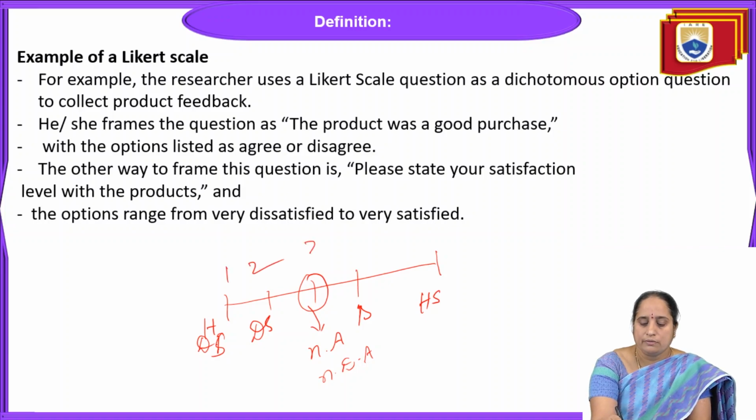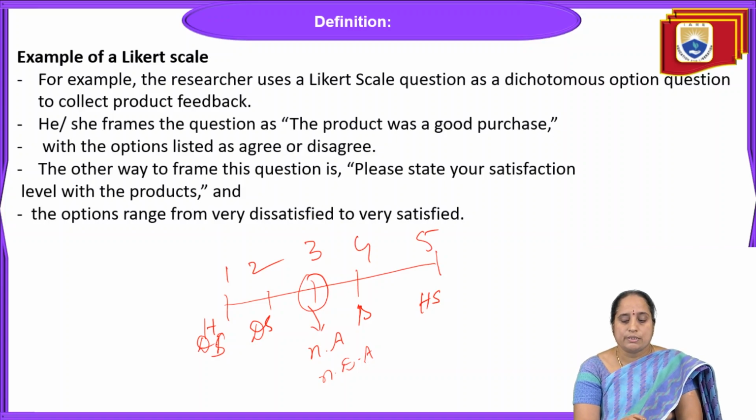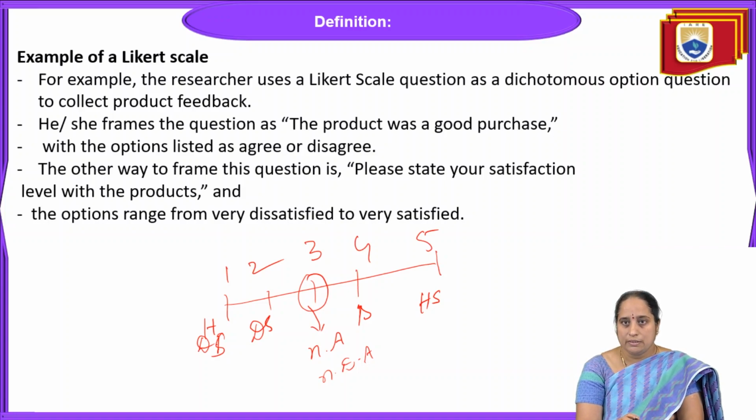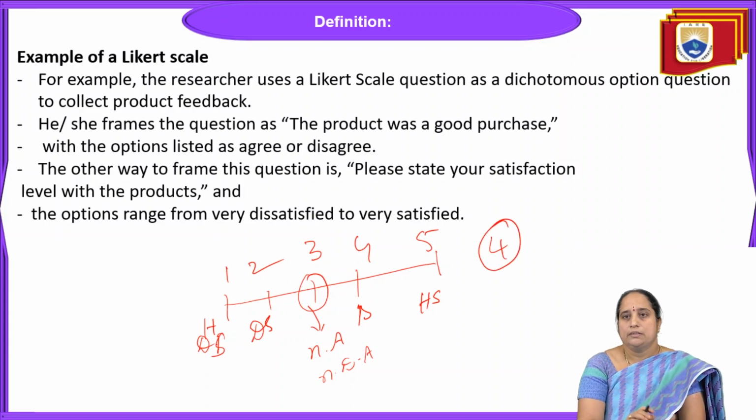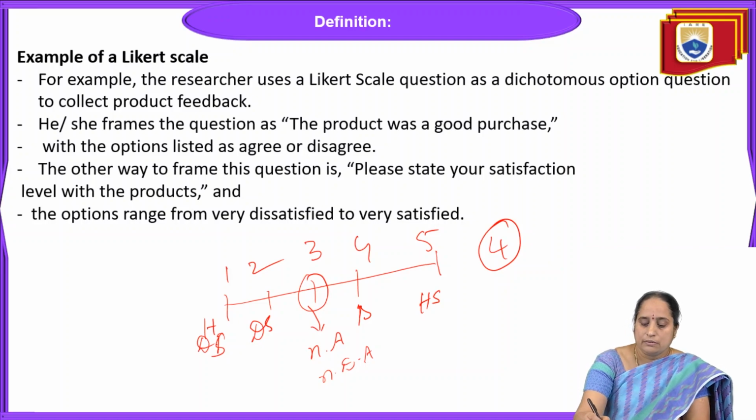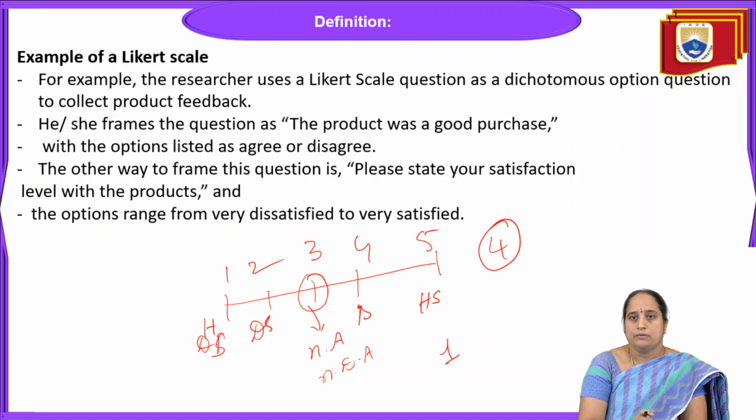When you are giving any number on this Likert scale, if a person has given a score of 4, it means that he was satisfied with the product. If a person mentioned 1, highly dissatisfied. That's how we read the scores on a Likert scale.